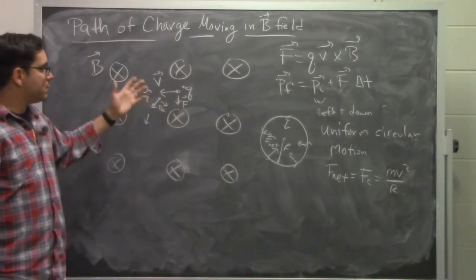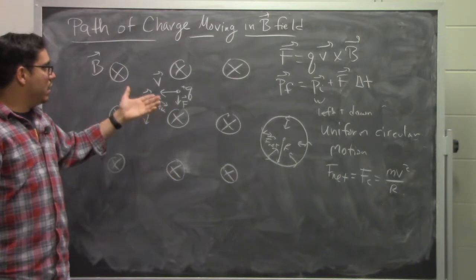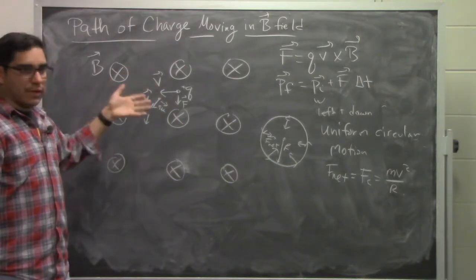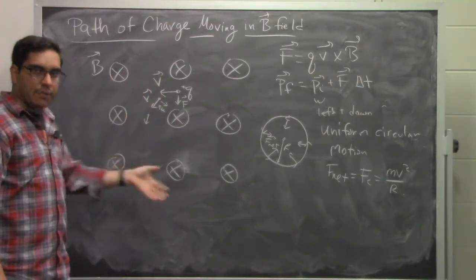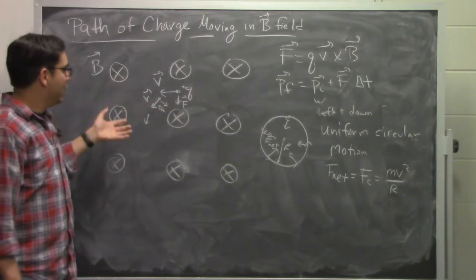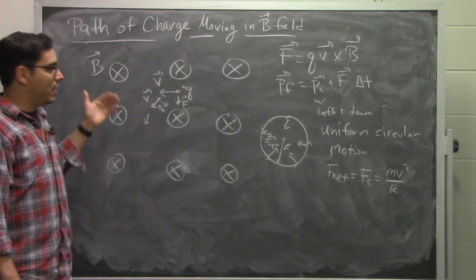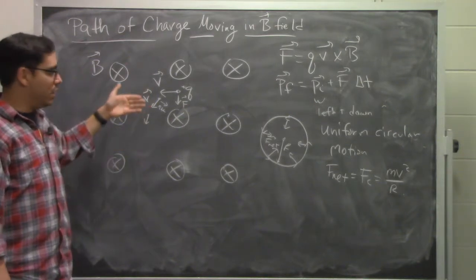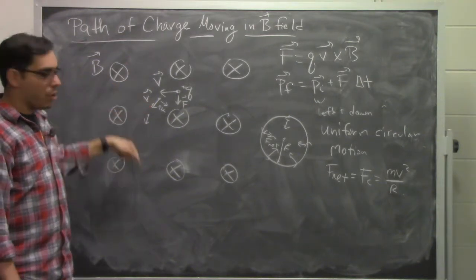So in fact, you can think about it this way. Charges that are moving in uniform magnetic fields actually orbit nothing physical. They just make circles around. But that orbit is caused by the magnetic force, which is pushing on them in this perpendicular fashion all the way throughout.